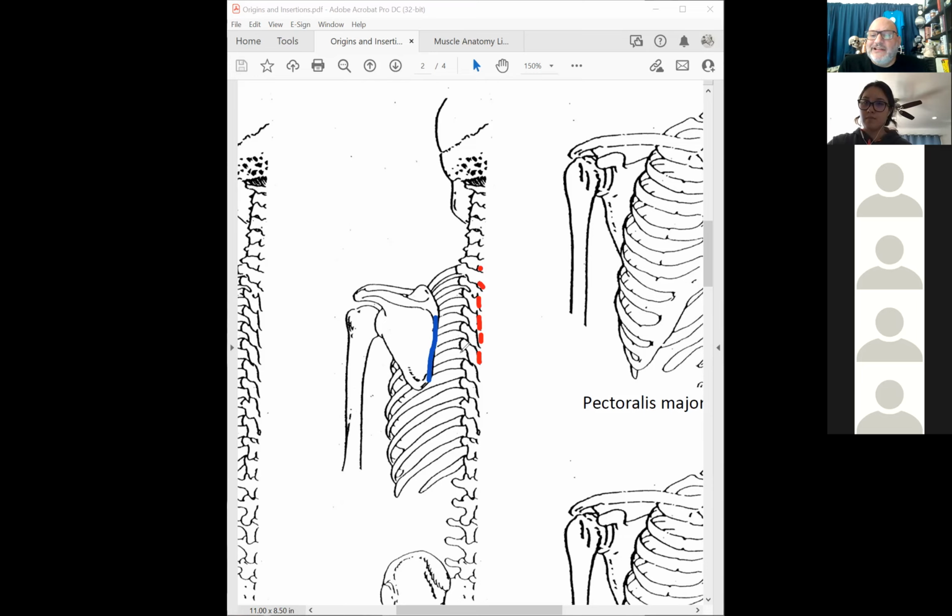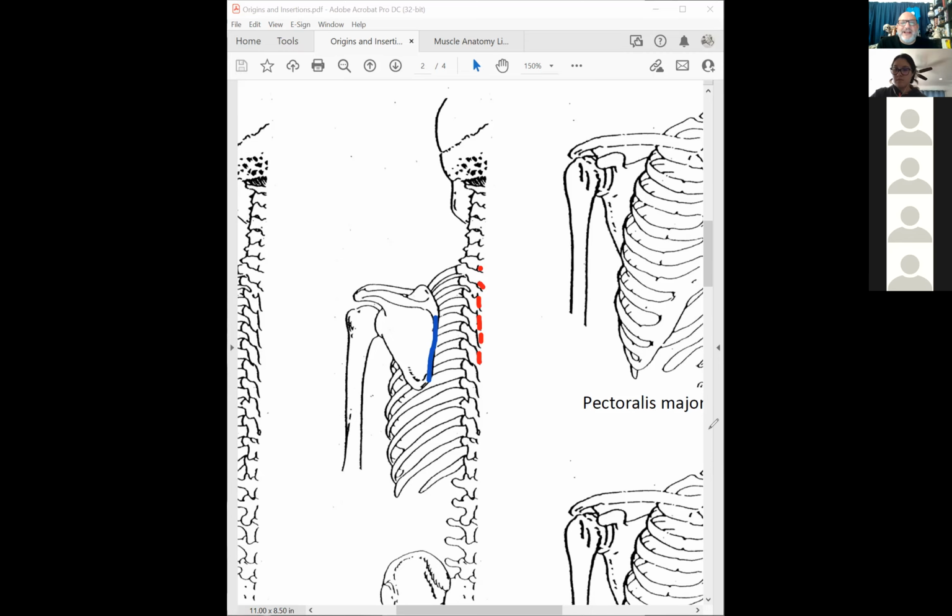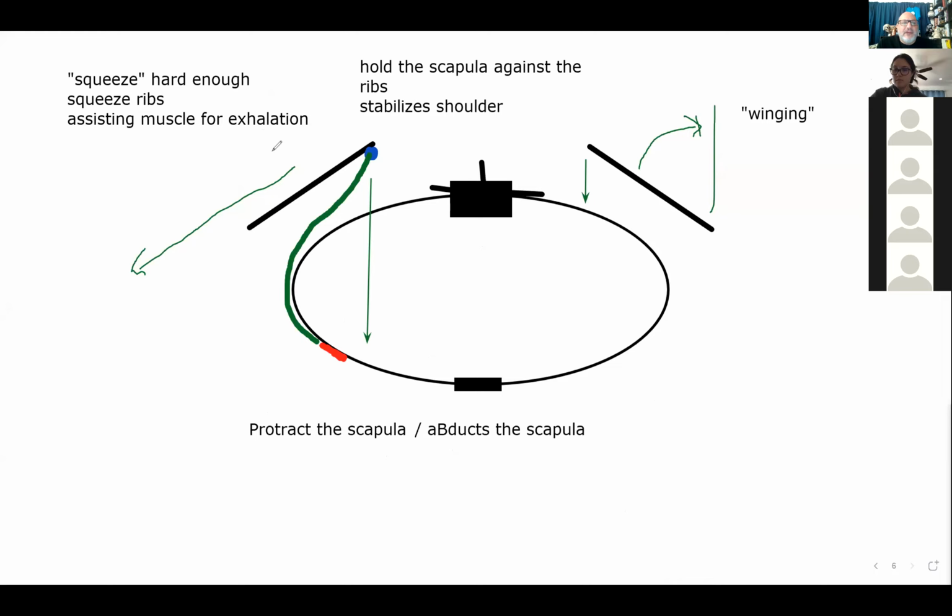Notice we can clearly see this from this posterior view, but remember we just finished looking at this view here with the serratus anterior. Notice with the serratus anterior, another important muscle, and I'll change the colors here. We'll do dark red. Here is the origin on the spinous process for our rhomboids, and its insertion is on the posterior medial border of the scapula.